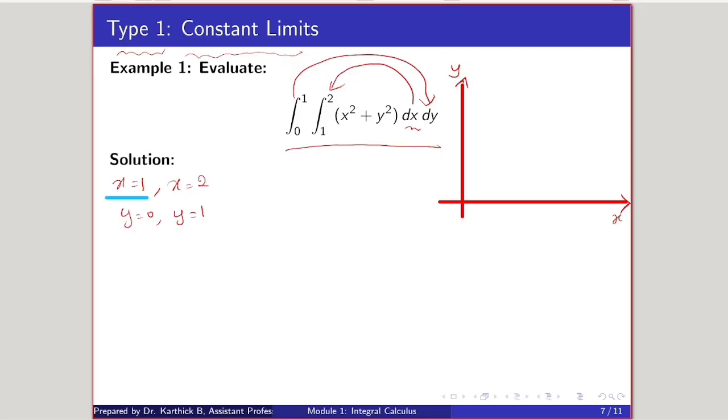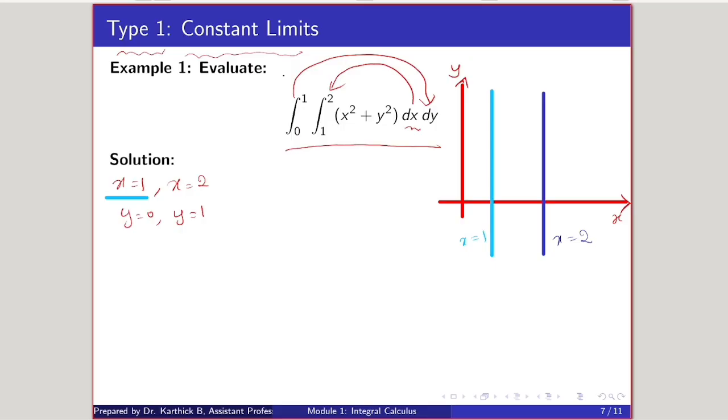Here I take a line, this will be x equal to 1, and I take the upper limit x equal to 2 here. I may consider this as 2.